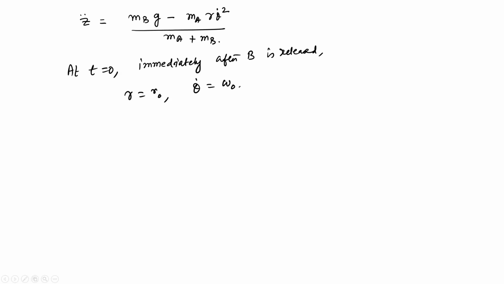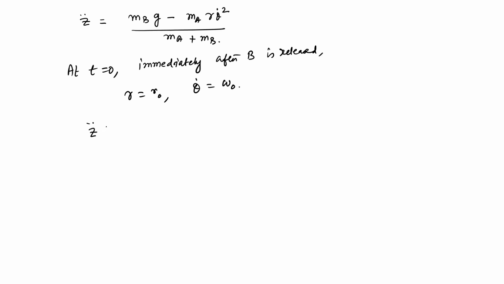Okay. So, this was kept in a static condition, and then you let this mass go. What will happen is that the mass B will come down, and mass A will have a shrinking orbit. Okay. So, this is what it means.